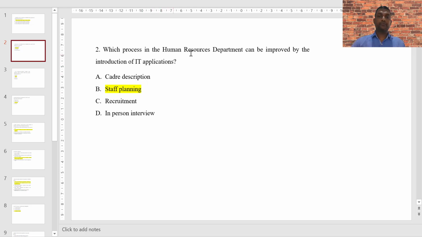By introducing IT applications in the HR department, which process can be improved? Preparing cadre descriptions, doing recruitment, having interviews, and planning staff are given as 4 examples.